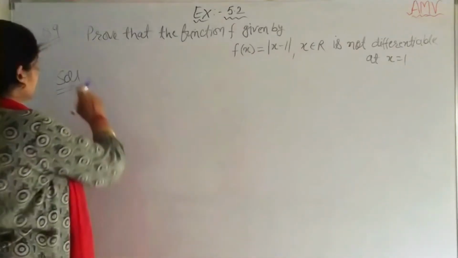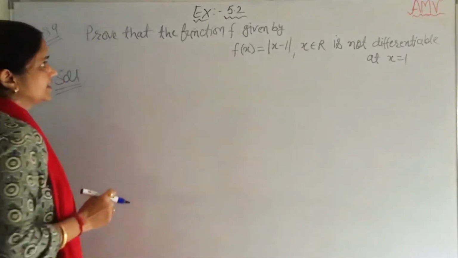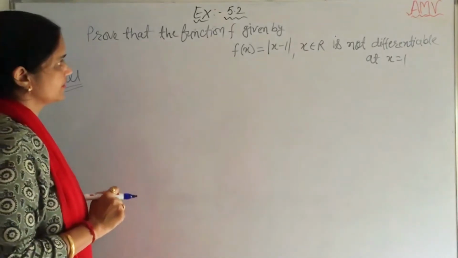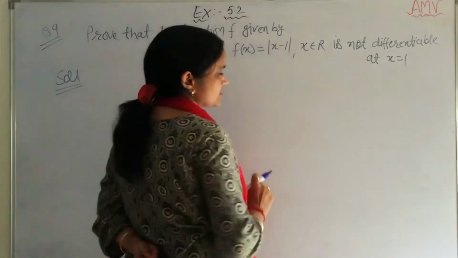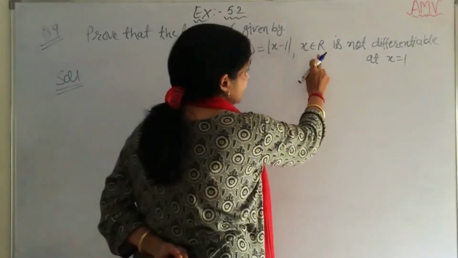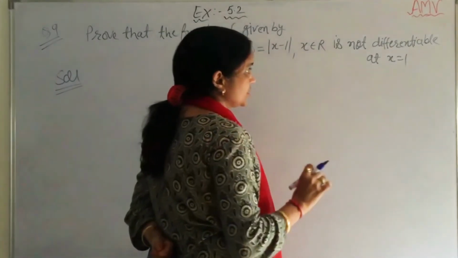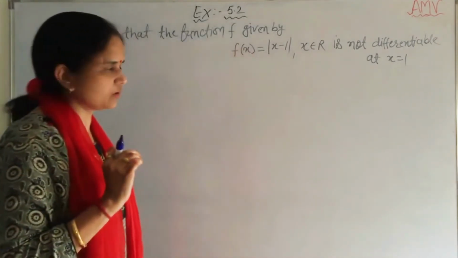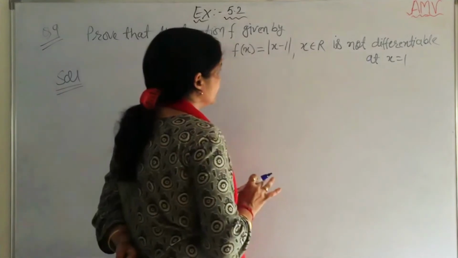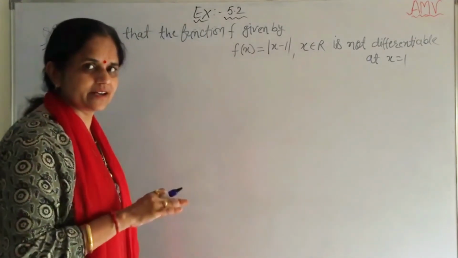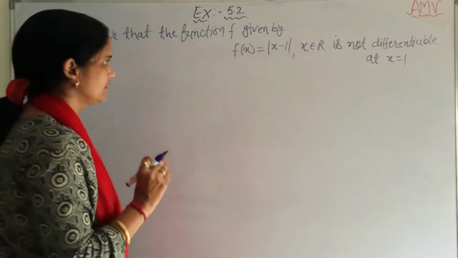Question number 9. Prove that the function f given by f(x) is equal to mod of x minus 1, x belongs to R, is not differentiable at x is equal to 1. So, to prove the differentiability, we have to find right hand derivative and left hand derivative.